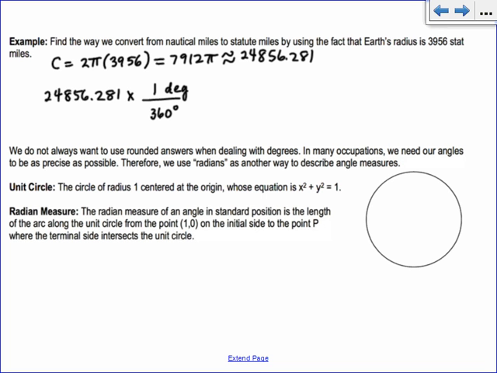So we're finding how many miles there are per 1 degree. But we don't want 1 degree, we want 1 minute of 1 degree. So the last thing we need to do is multiply by 1/60.